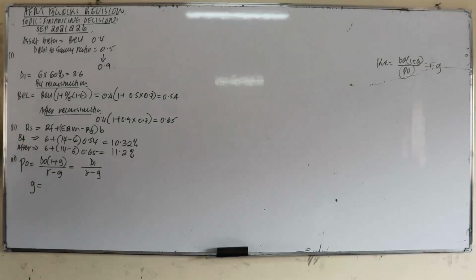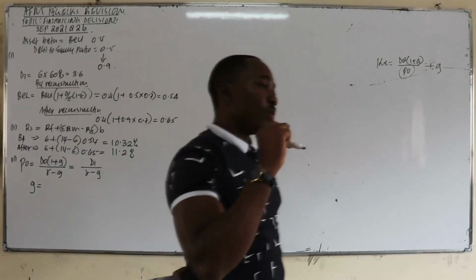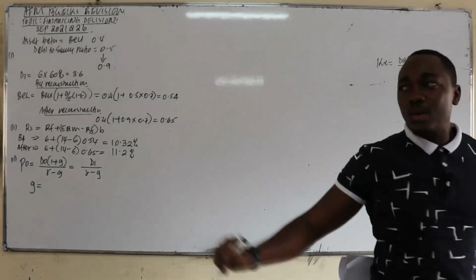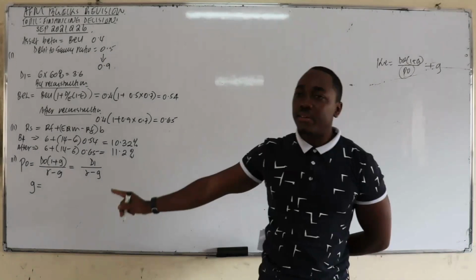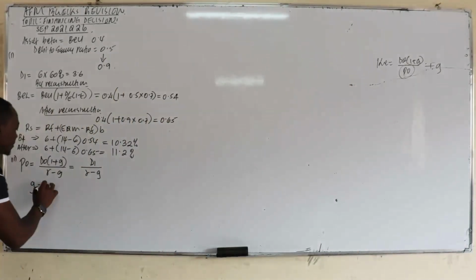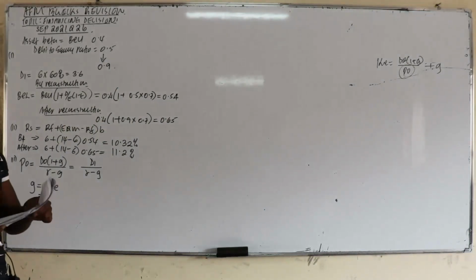How do you get the growth rate? I gave you two formulas. There is the compounding method, Dn over D0, but in this case, you're not given information about the past dividend. Use the other method, g equals r times b, where r is the retention ratio, given in note number 3. The firm adopts a 60% payout ratio.